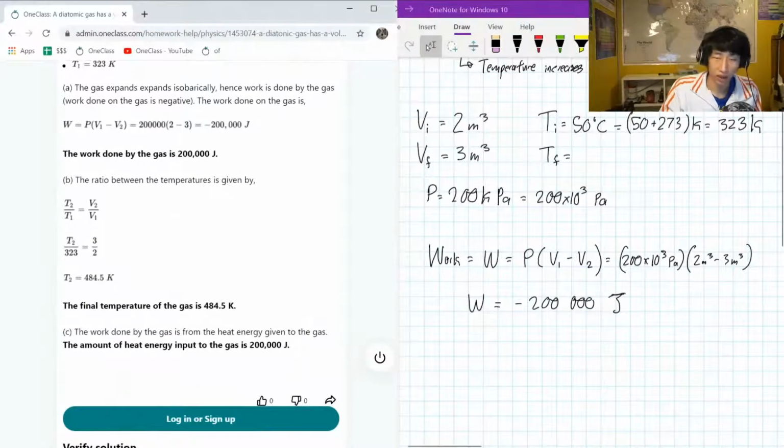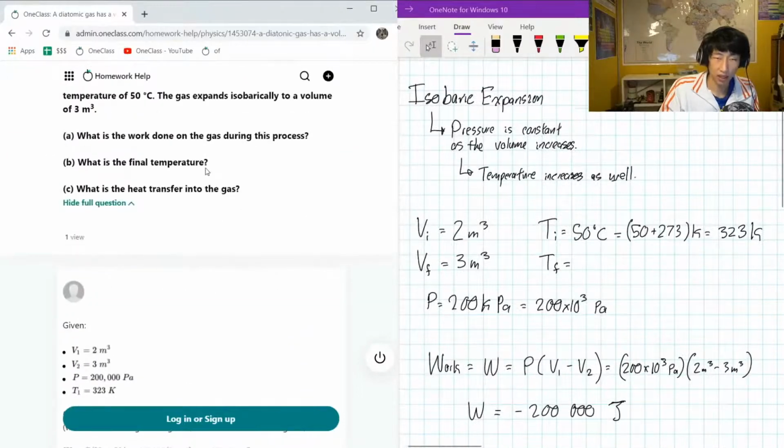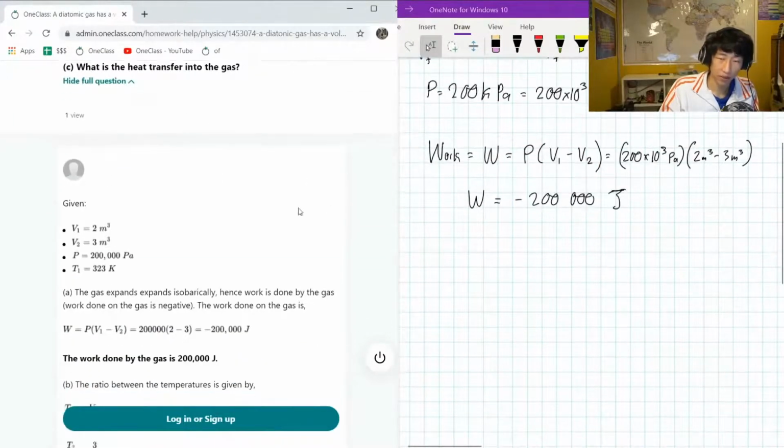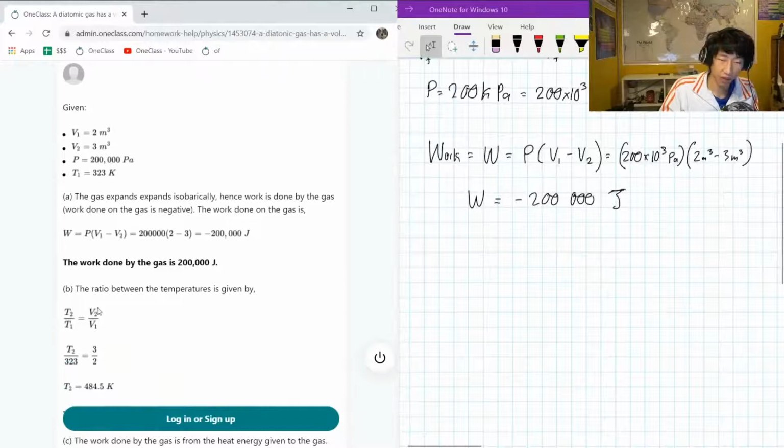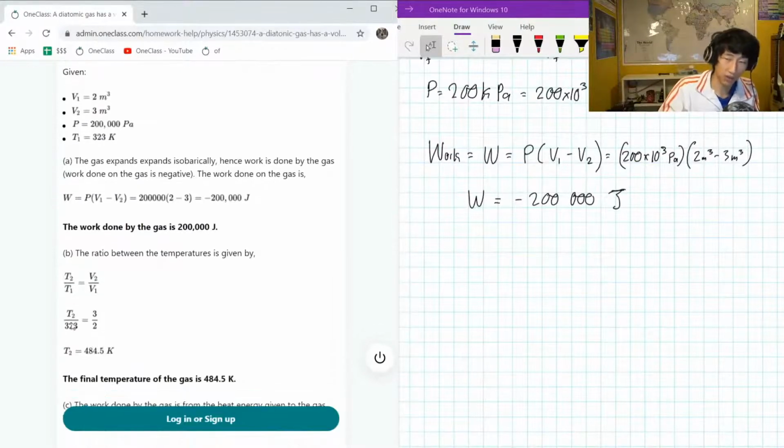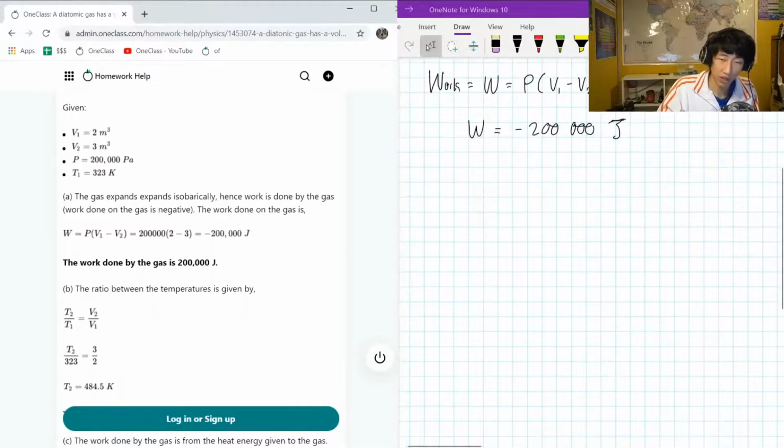Okay, interesting. Now the second part of the question is asking us, what is the final temperature? Now to find the temperature, we want to use this relationship, because the volume and the temperature are very closely related. Like I mentioned before, if the volume is increasing, that decreases the pressure, and the temperature has to increase to keep the pressure constant, otherwise it's not isobaric, which is one of the conditions of this question.